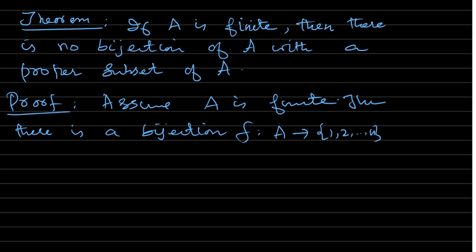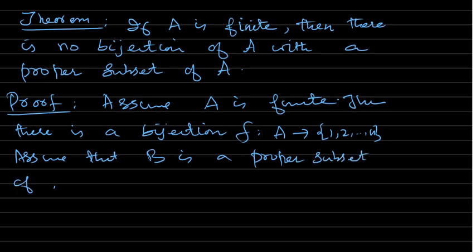Okay, so let's assume that B is a proper subset of A. Suppose A B का कोई proper subset है. आपको प्रूव करना है इस A से लेकर B तक कोई bijection नहीं होगी.